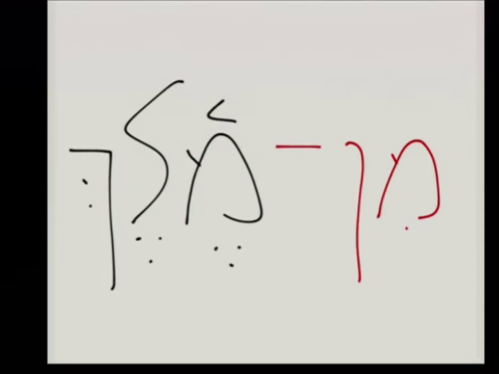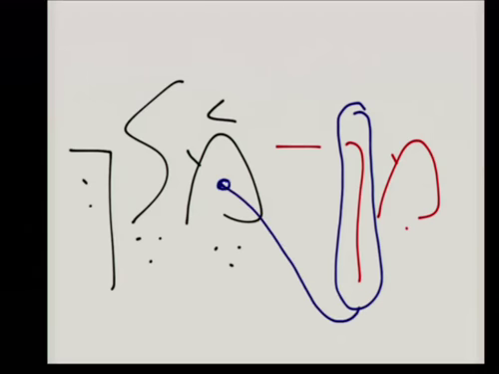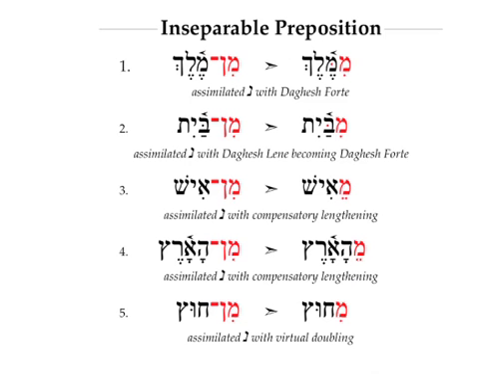However, when the preposition min becomes an inseparable preposition, something special happens. The nun of the preposition min disappears and it shrinks up and it becomes a dagesh forte in the first consonant of the noun to which it is prefixed. All right? So when you see in your example on the slide, mimmelech, you will notice that in the mem of the noun melech, there is a red dagesh forte.